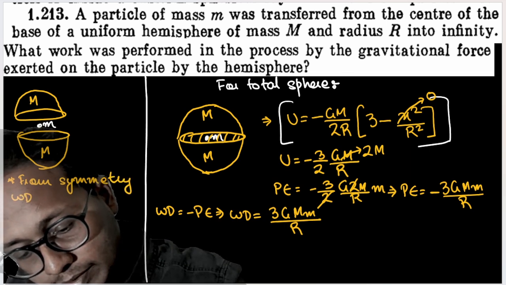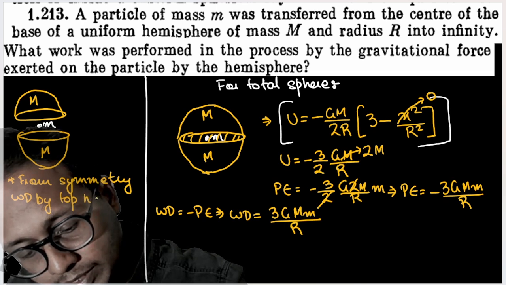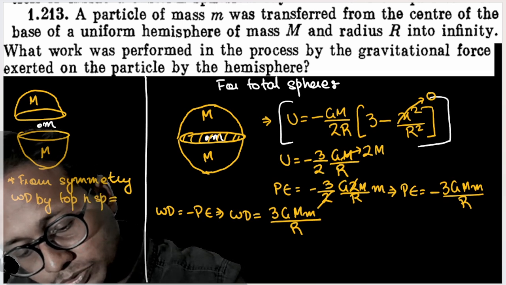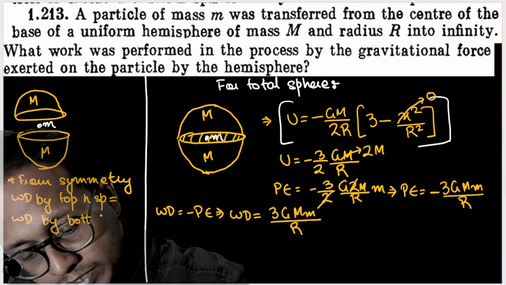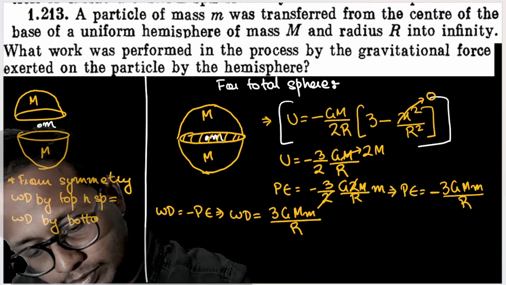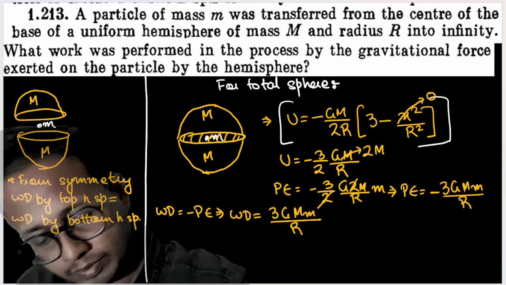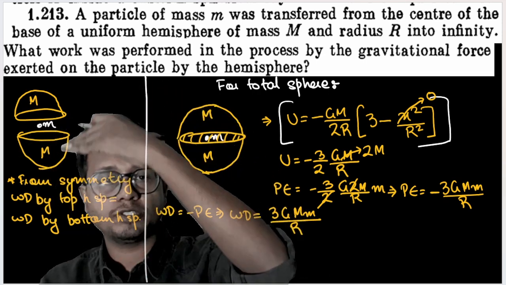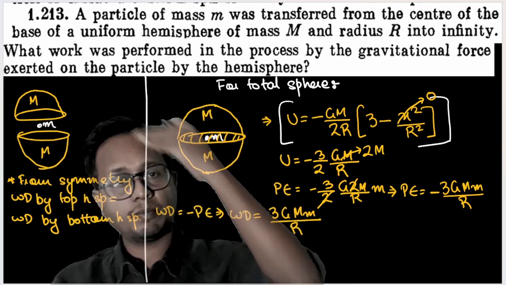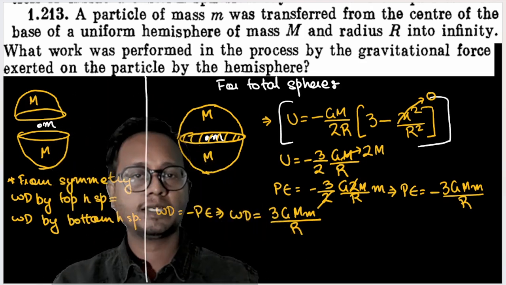work done by top hemisphere is equal to work done by bottom hemisphere. HSP is nothing but hemisphere. Sorry, work done by top hemisphere is equal to work done by bottom hemisphere, isn't it?